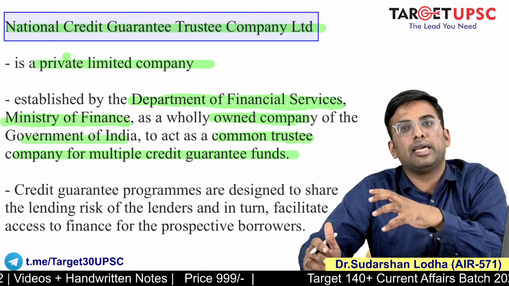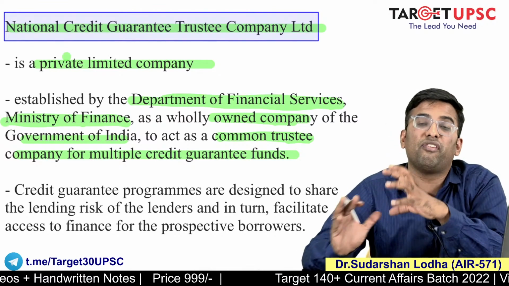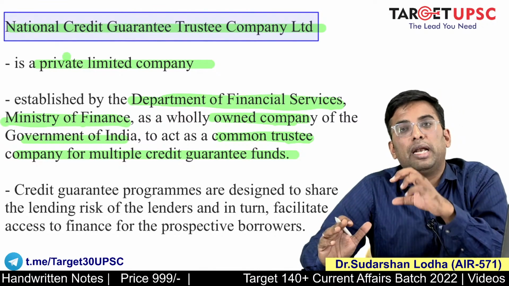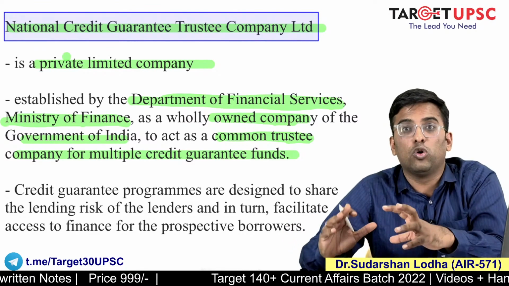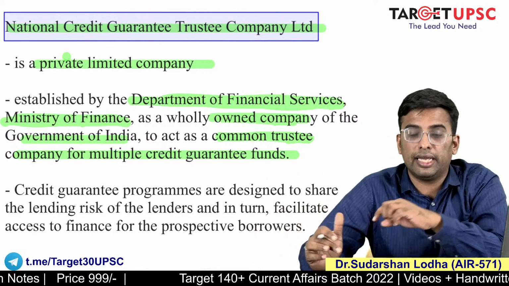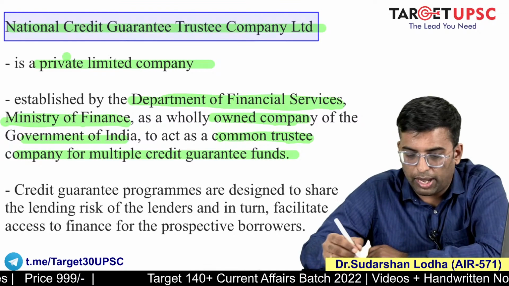This company is responsible if any loan is not paid by MSME, and if that loan is backed by any government का guarantee, this company pays that loan. तो ये आपको पता चाहिए.